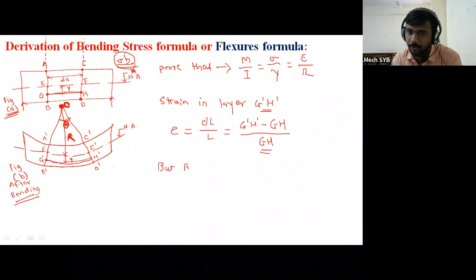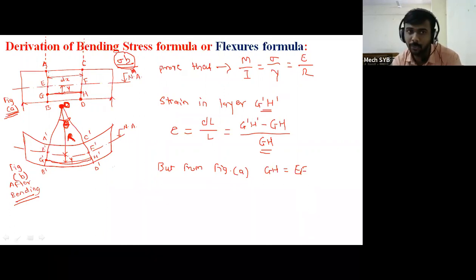But from figure A, GH is equal to EF. From figure A, GH is equal to AC is equal to EF is equal to BD.